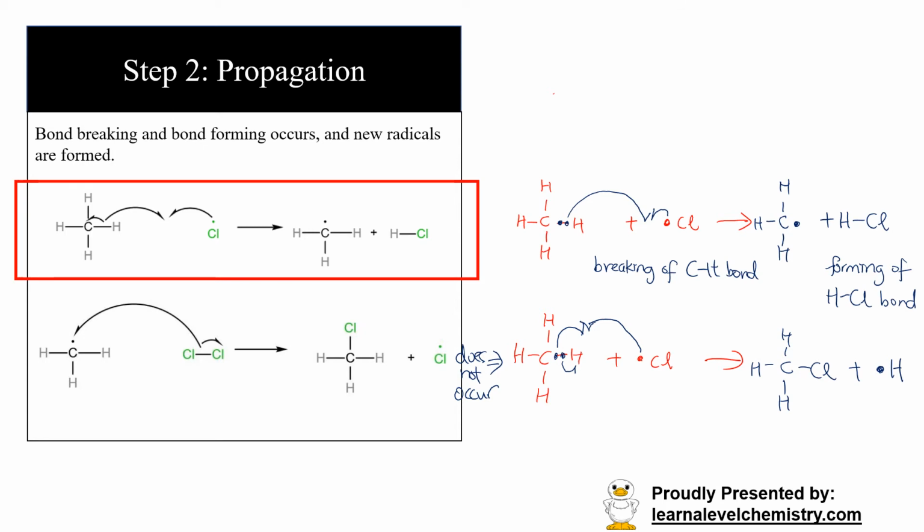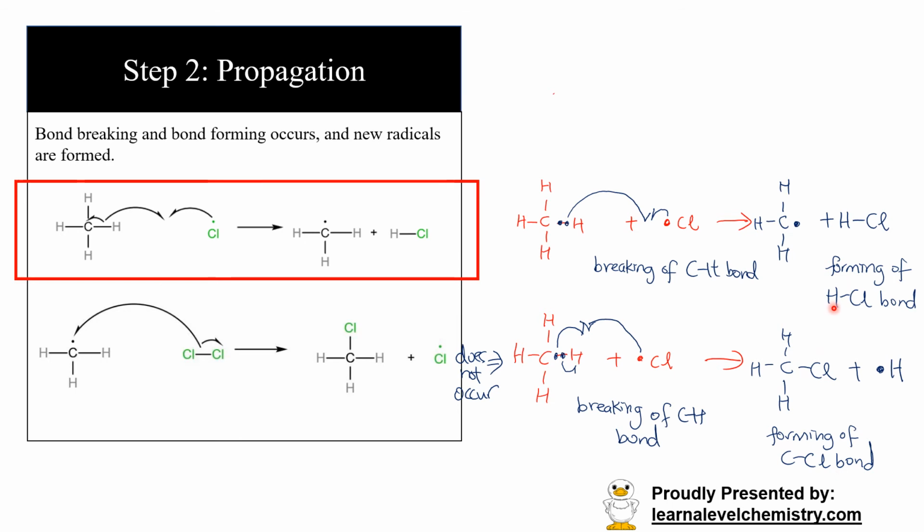Let's take a look at the second reaction. If the second reaction takes place, it will still involve breaking of the CH bond, but now instead of forming an HCl bond, you form a CCl bond. So the reason why methyl free radicals are formed instead of hydrogen free radicals, in other words why the HCl bond is formed in favor of the CCl bond of chloromethane, must be because of the formation of bonds.